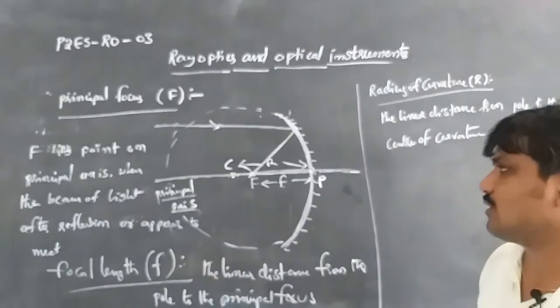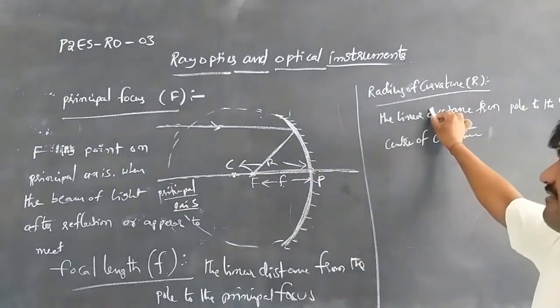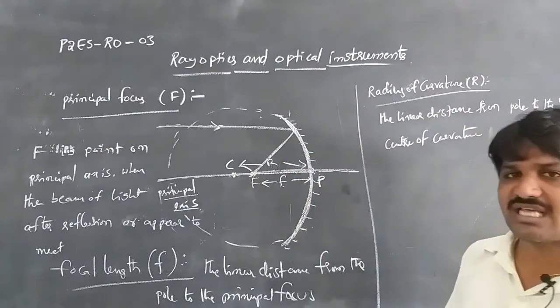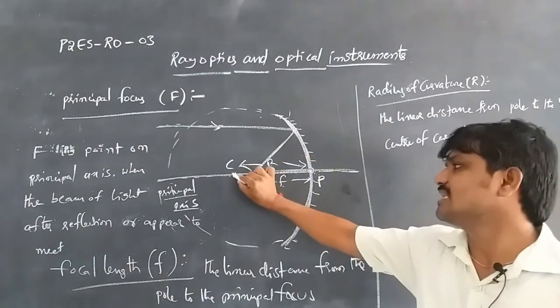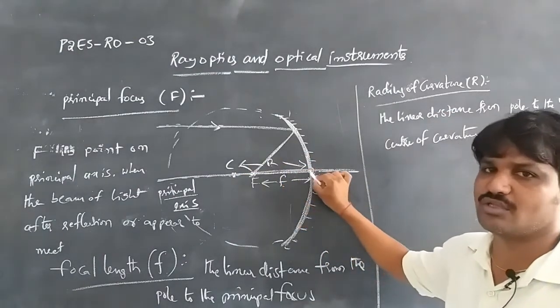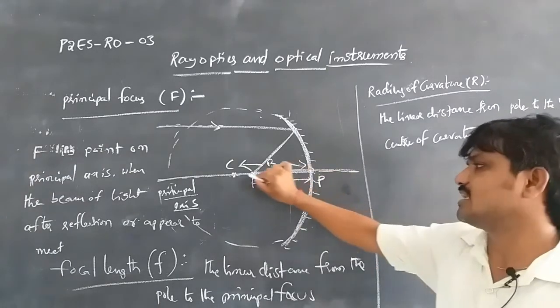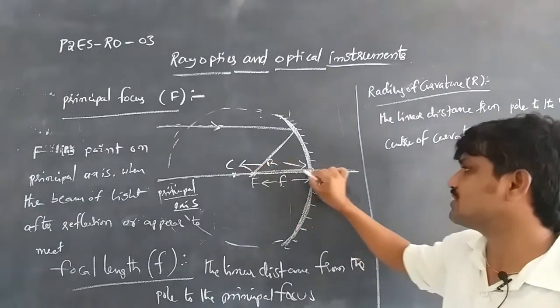The radius of curvature is the linear distance between the center of curvature and the pole.